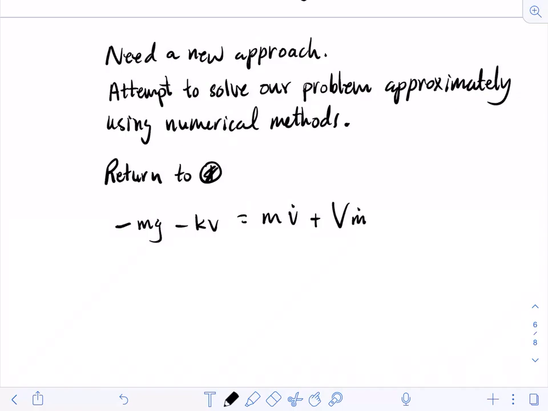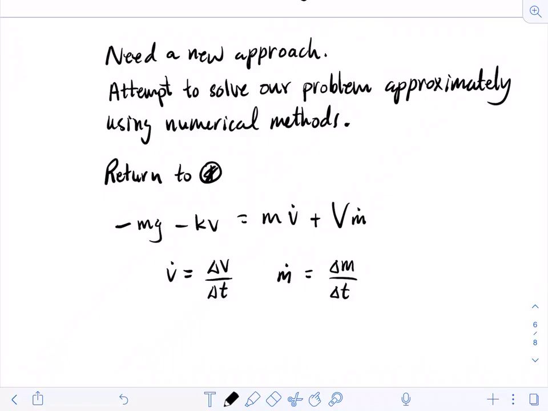Okay, so what we're going to do is we're going to say v dot is just a change in velocity in some time interval delta t. And m dot is a change in mass in some time interval delta t.